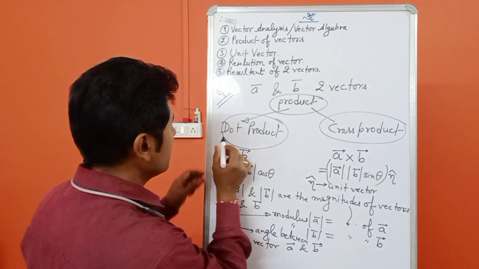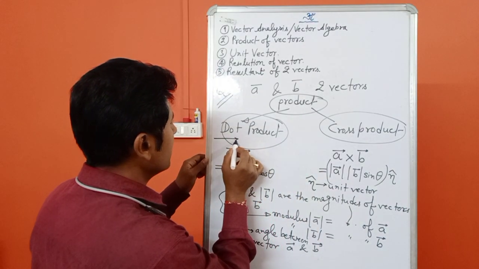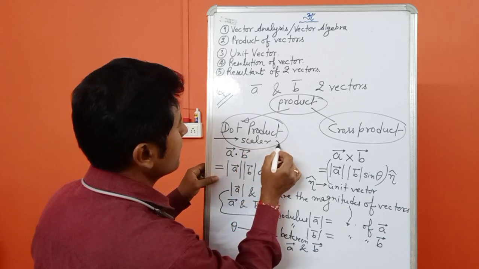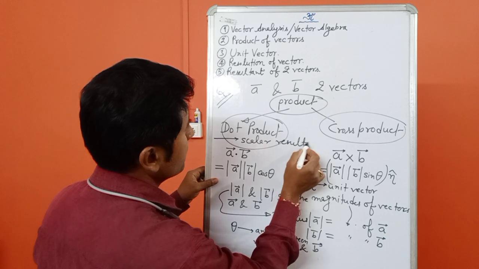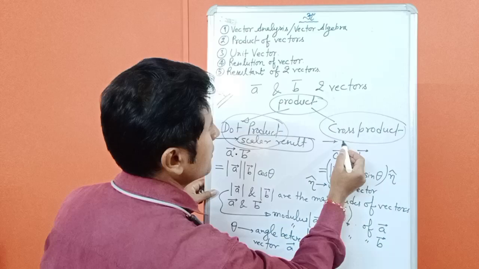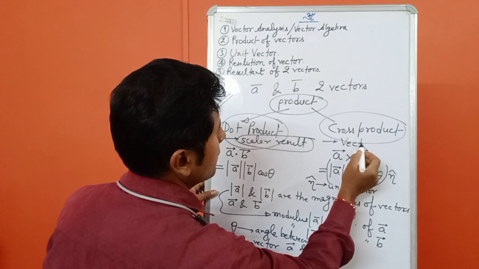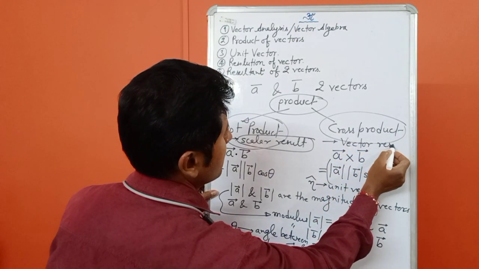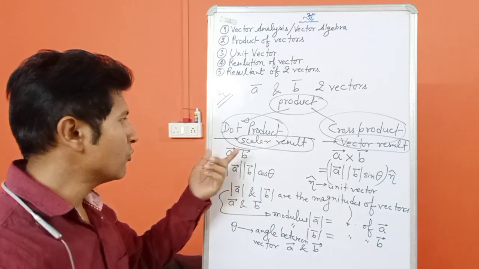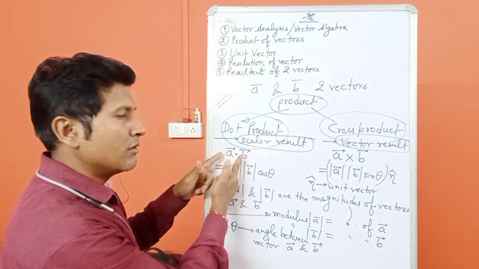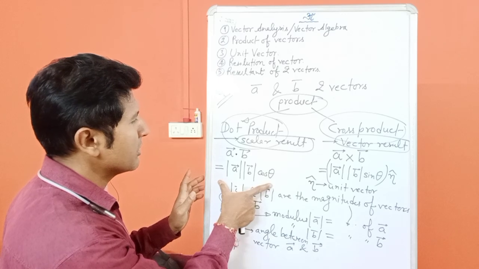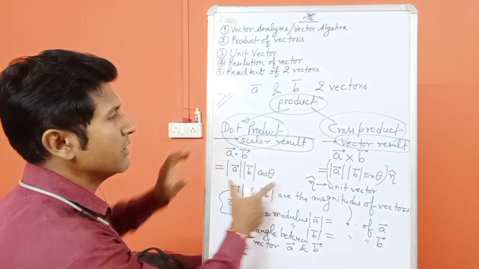Now this dot product will give a scalar result. Are you getting? But cross product will give you a vector result, right? Means the quantity that you are getting after multiplying these two vectors as dot product is a scalar, right?